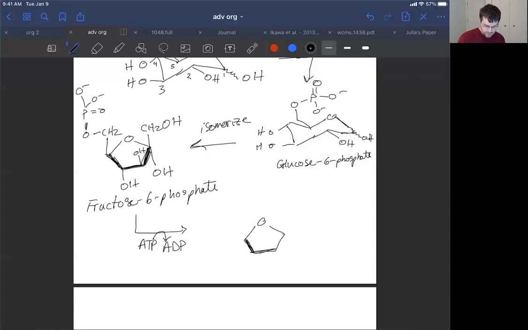So here's my Haworth projection, just showing a few wedges. Don't worry about this too much. But now I'm going to have an OH up at the anomeric position on a CH2. And now this O was originally right here. So we flipped at the anomeric position to give us the beta isomer. And now we're going to add a phosphate group at this position.